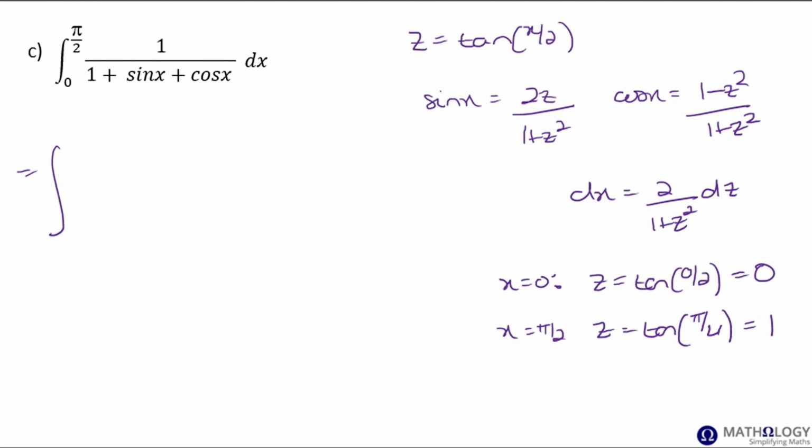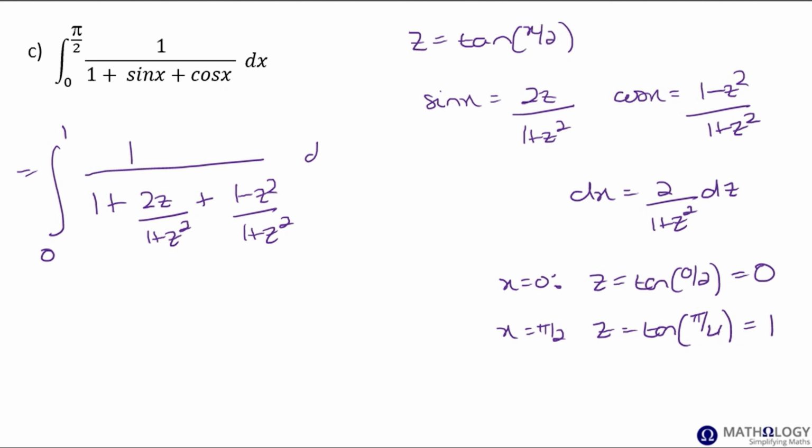So the limit of integration would be from z equals 0 to 1, and that's going to be 1 over (1 + sin x), where sin x is 2z over (1 + z squared), and cos x is (1 - z squared) over (1 + z squared), and dx is 2 over (1 + z squared) dz.